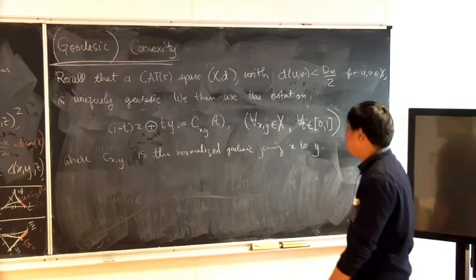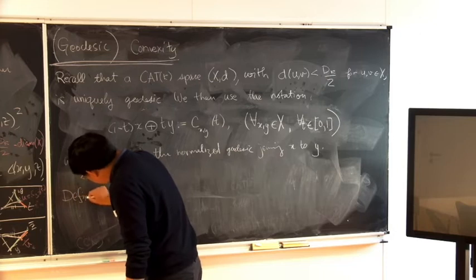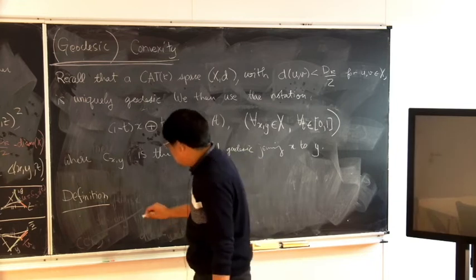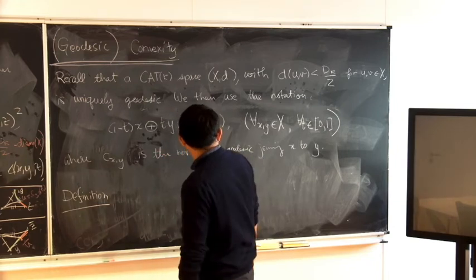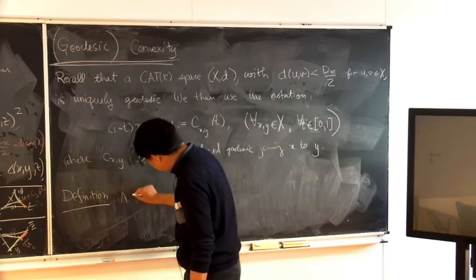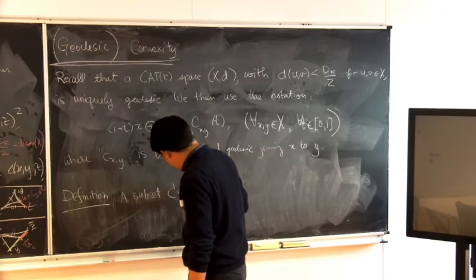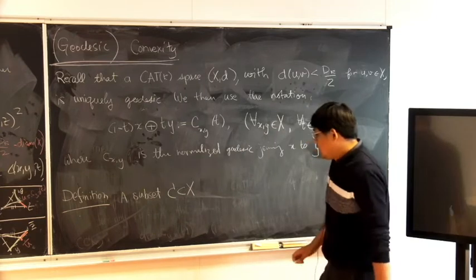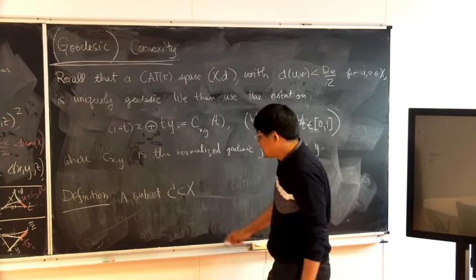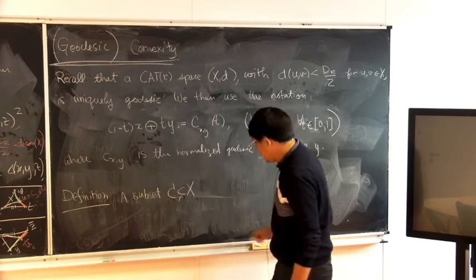Now the definition of convexity, of geodesic convexity, is very simple and very natural. So a subset C of X. This is any subset. C can be X. There is no restriction. If I want to stress that C is a strict subset of X, I will write it like this. Okay.